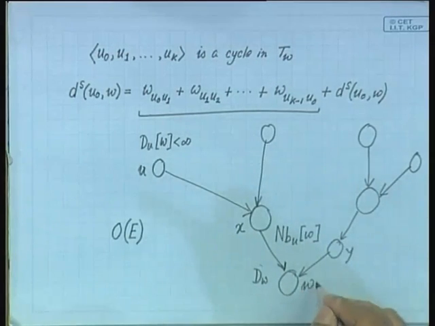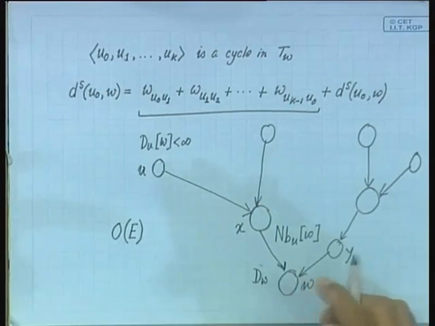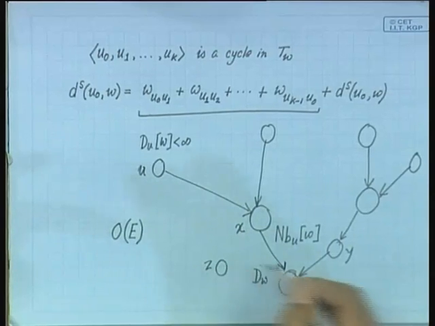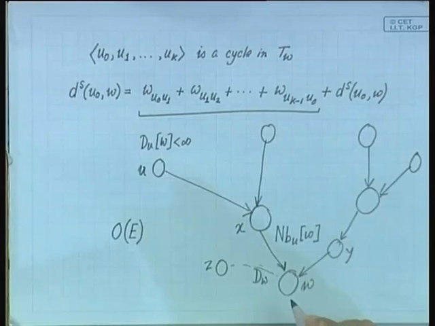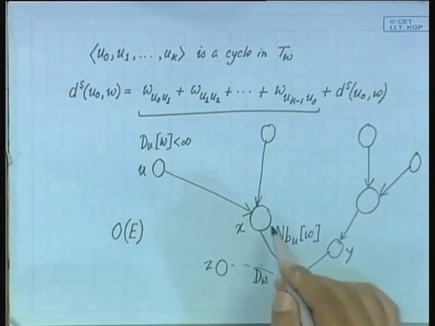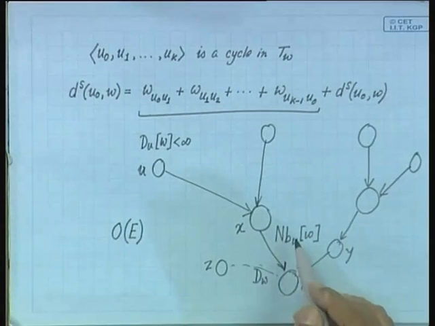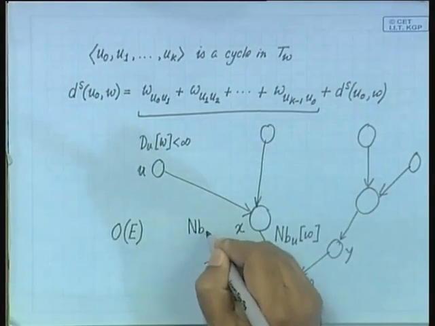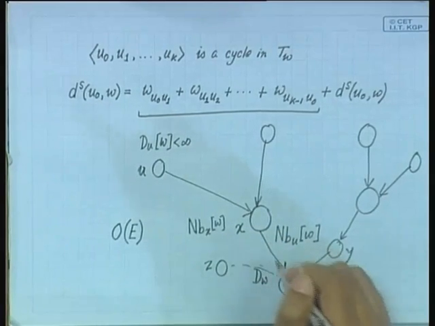Why? Because W does not know which are its parents on the tree. So, W will actually have to send it not only to x and y, but to its other neighbors also. Suppose Z is another neighbor, so W will also have to ask Z that, look, are you one of my parents in this tree? Okay. Now, x and y will say, yes, we are your parents, because x is going to say, because I see that NB(x,W) is W. So, I know that I am your parent.